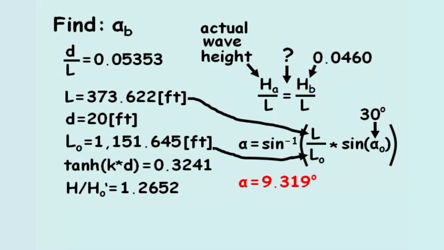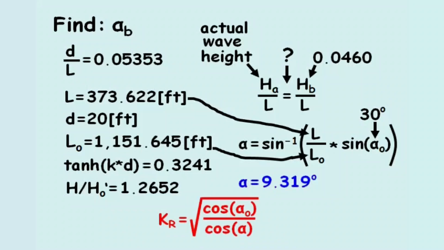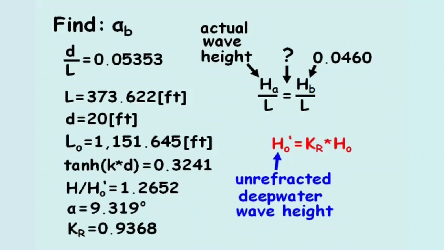With this value of alpha, we can compute the wave refraction index, Kr, which equals 0.9368.